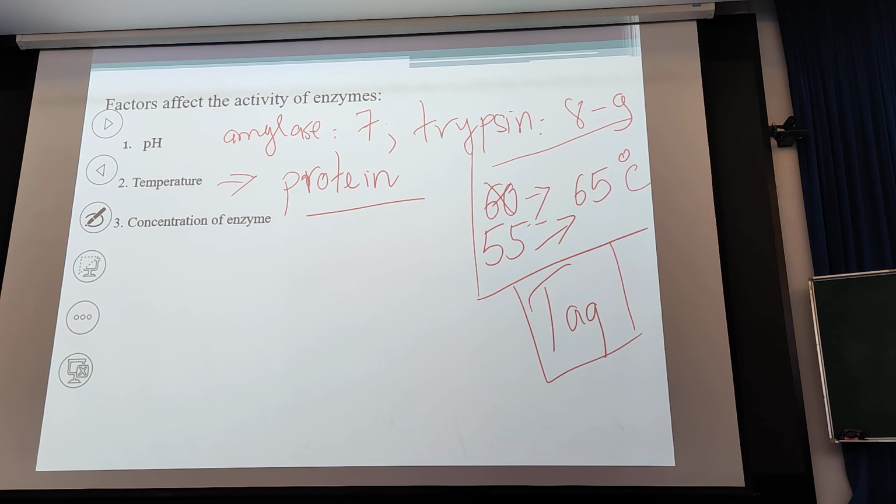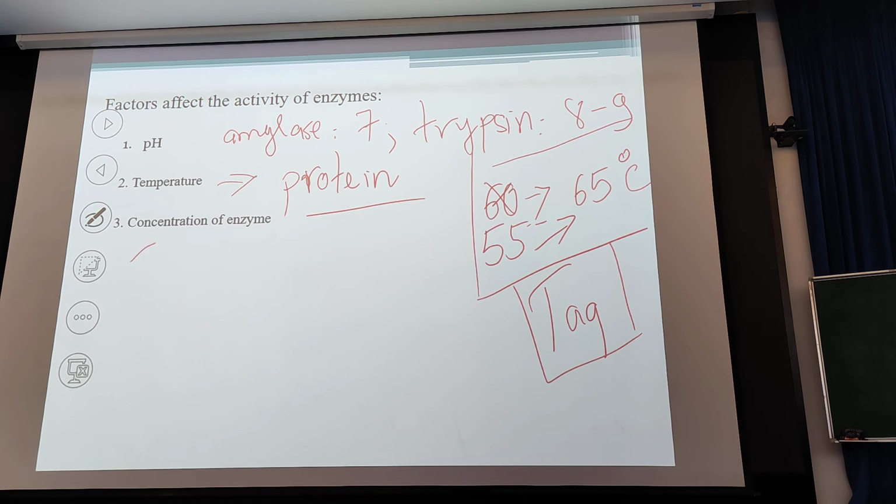The next factor that affects the activity of enzymes is the concentration of the enzymes. If we increase the concentration of the enzyme, there are more chances of collisions between enzyme and substrates, and the rate of reaction increases.